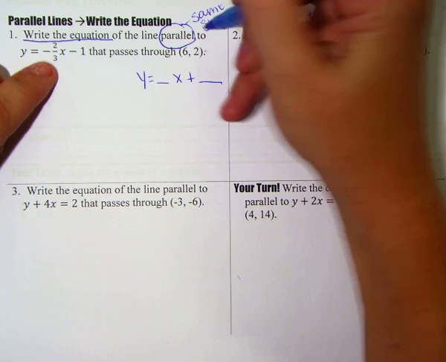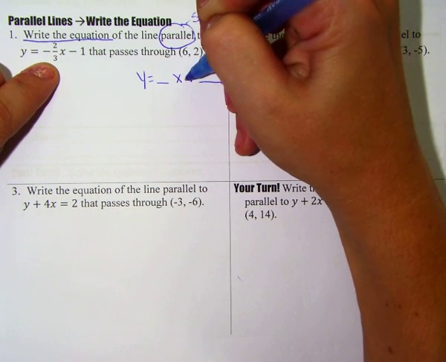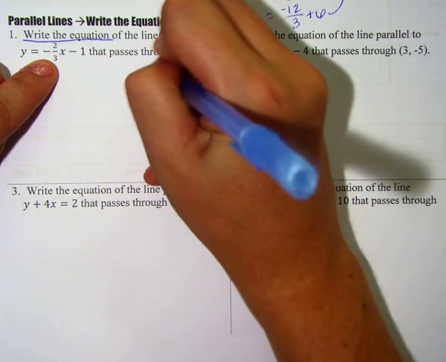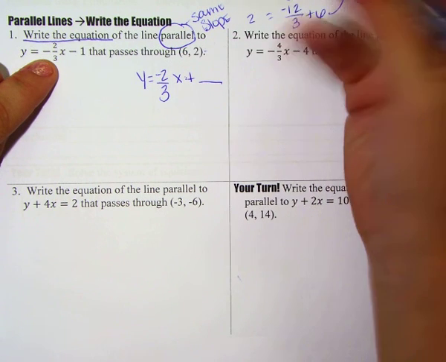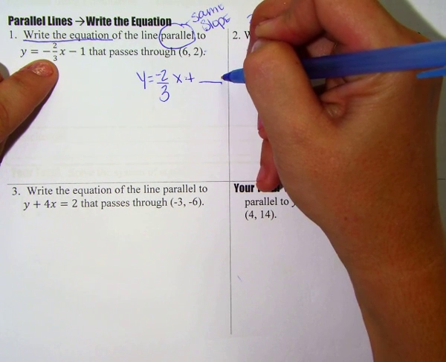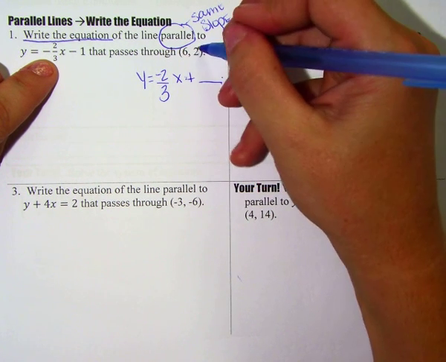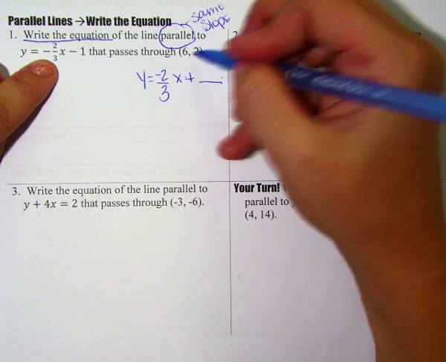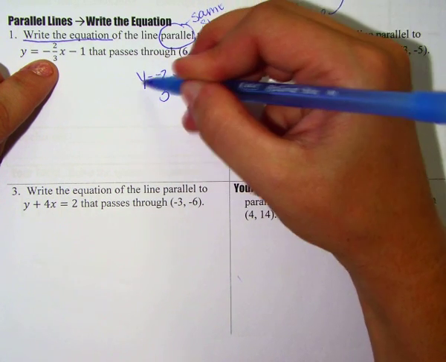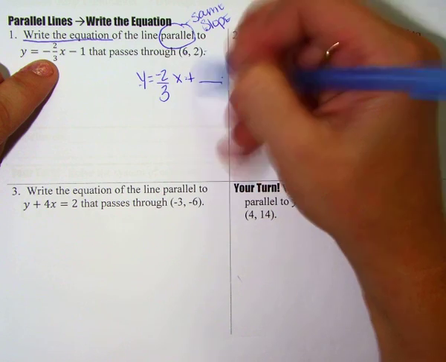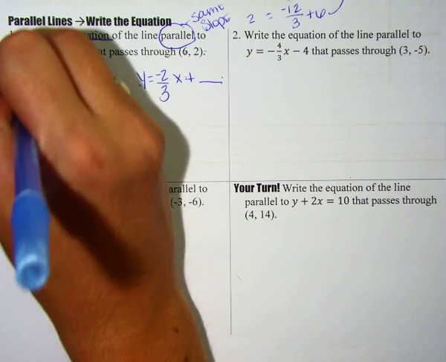So since they have the same slope, I know that my new line will have a slope of negative 2/3. However, do I know my y-intercept? I don't. I, however, know a solution. So if I substitute 6 in for x and 2 in for y, I'll be able to solve for my y-intercept.